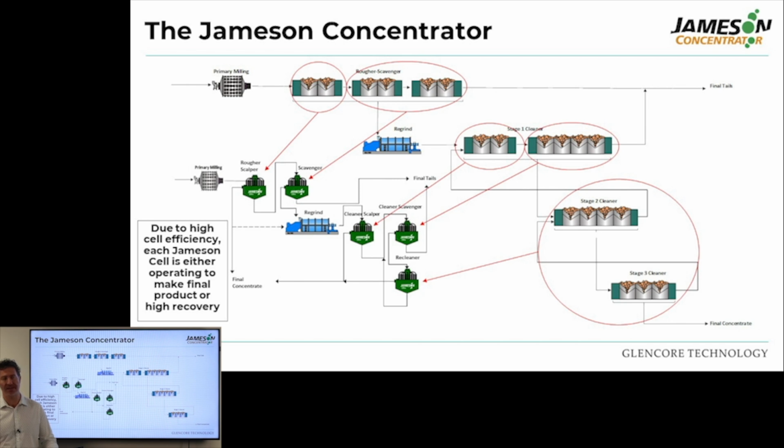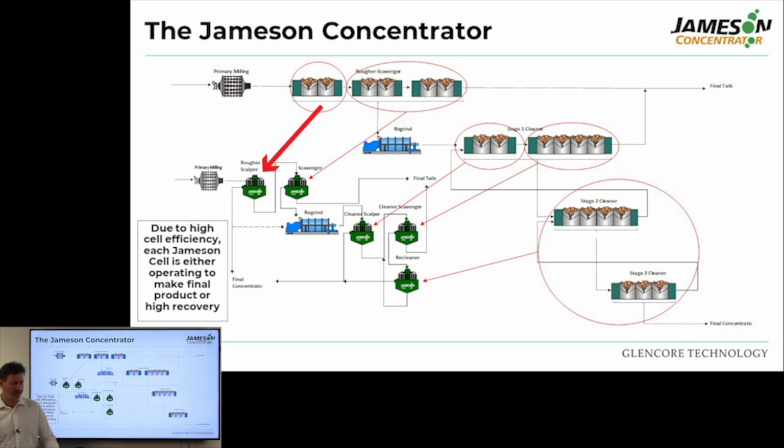Now, looking at this from the whole circuit perspective, this slide shows you how parts of a conventional circuit are replaced by Jameson cells. If you look at a typical base metal or copper flotation circuit, let's say you have a rougher scavenger bank, which typically comprises 6 mechanical cells in a row.